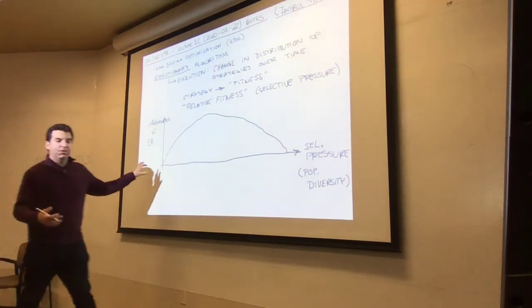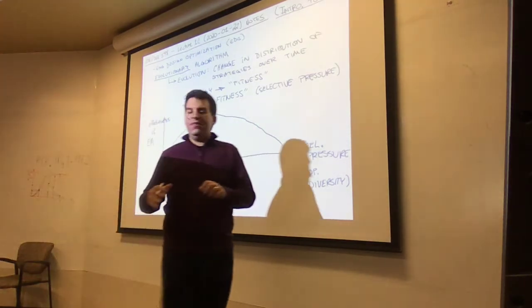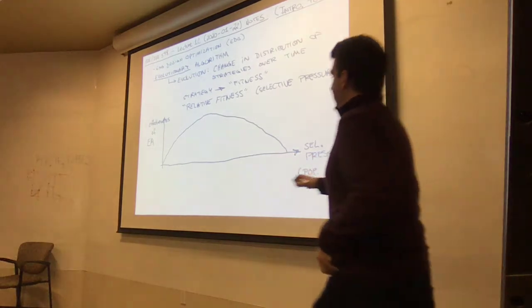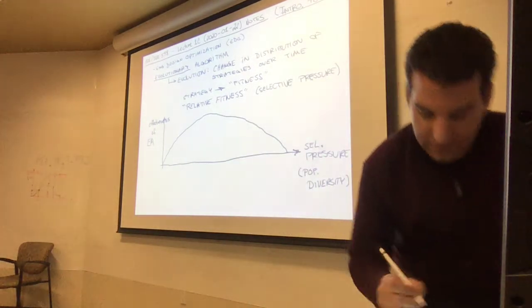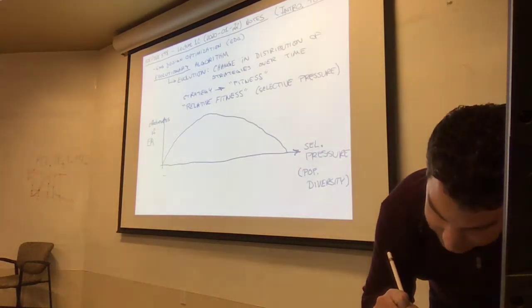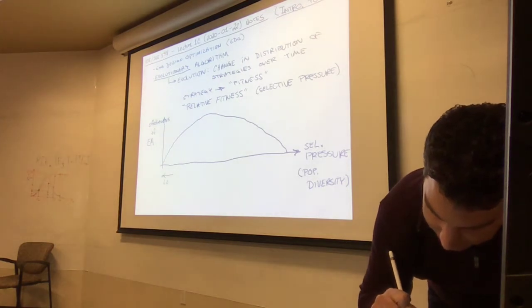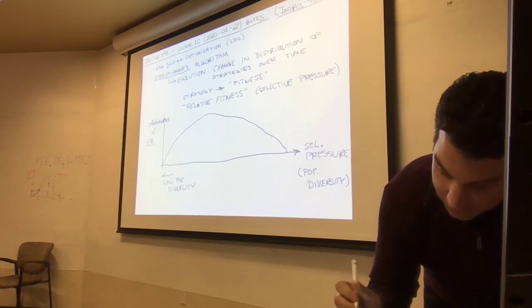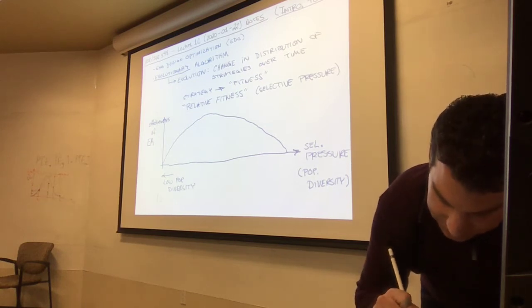It will not move, regardless of whether there are better strategies out there, because there is low population diversity. So over here, in this direction, this is low population diversity. And here, you're prone to stagnation.